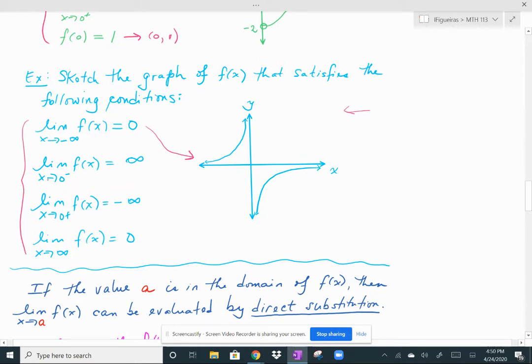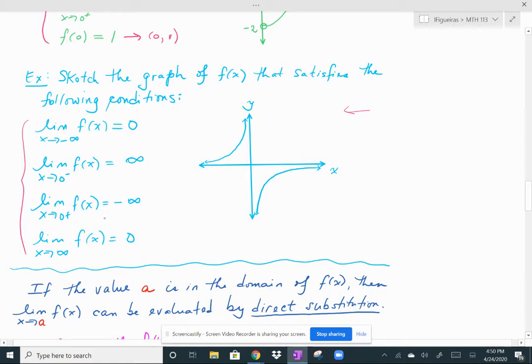Now the next condition, as x approaches 0 from the left, the function goes to infinity. Well, that's this part right here. As you get closer and closer to 0 on the left side of the y-axis, the function value gets very, very large. Okay, so we took care of the first two conditions.